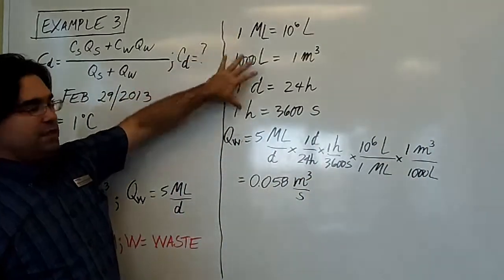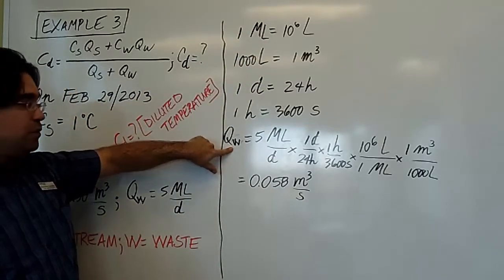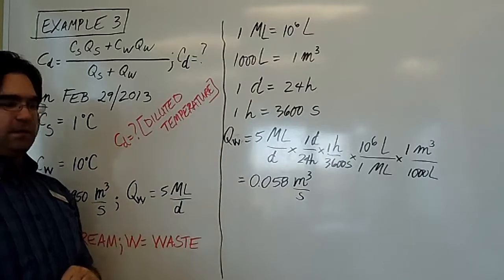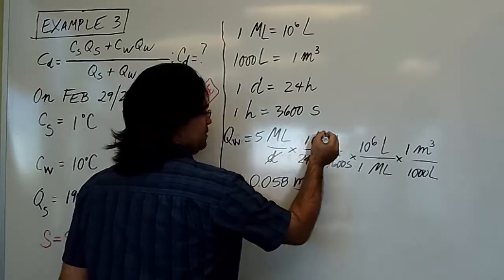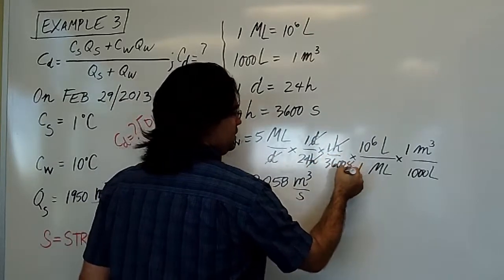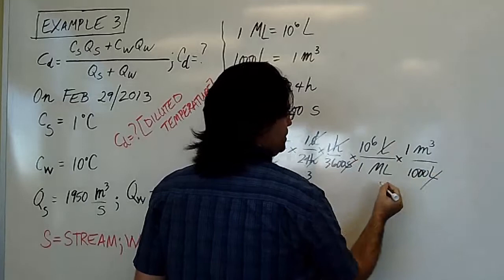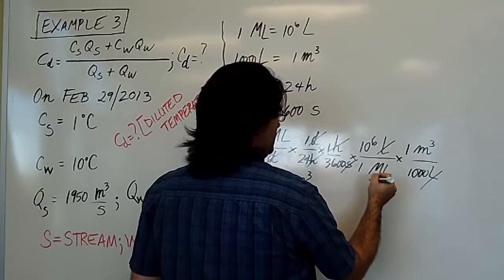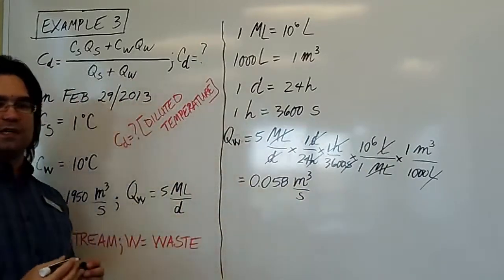So if I employ these conversions to convert my waste flow, this is the number I get. Okay? This cancels out. This cancels out. This stays. This cancels out. And this cancels out. And this stays. So we're left with cubic meters per second.